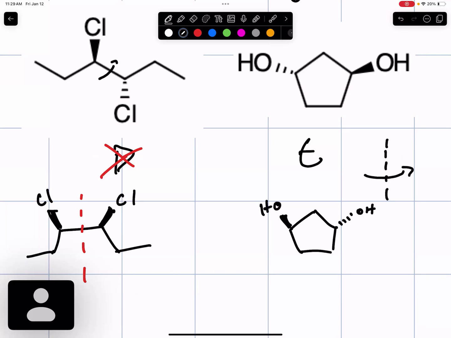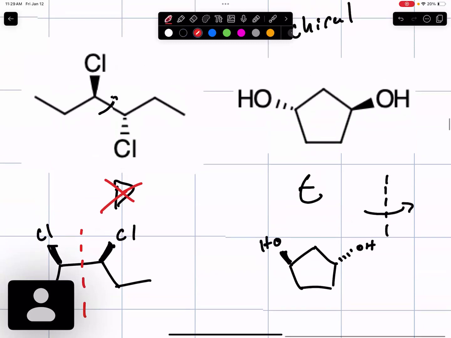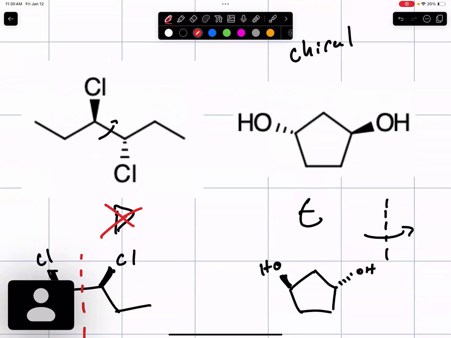And is there symmetry here? Can you just fold this up in a piece of paper and have the exact same thing on either side? No, because one of the alcohols would be in the back and one would be in front. Exactly.